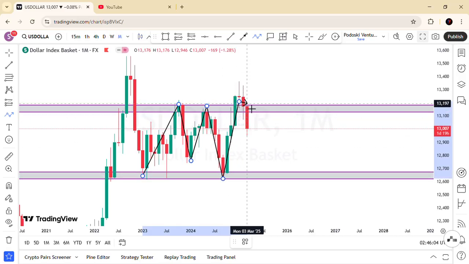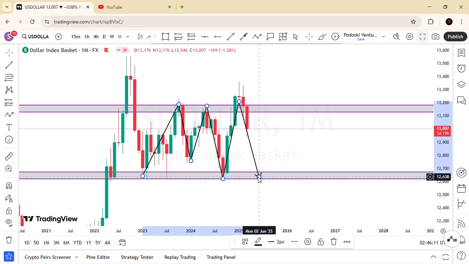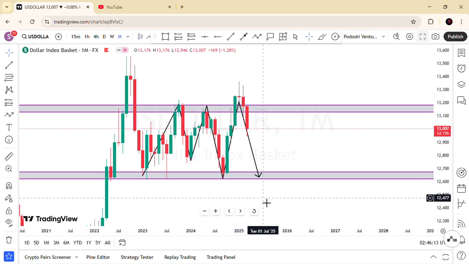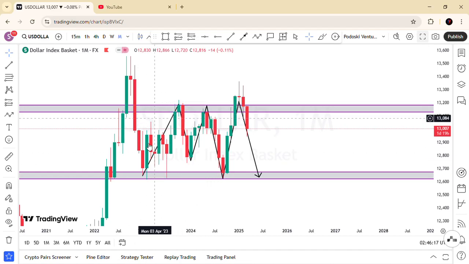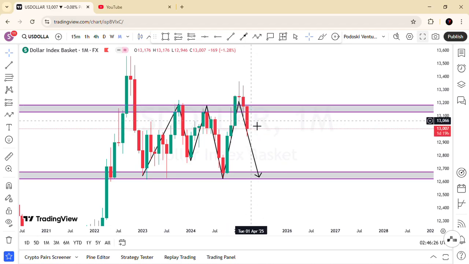So what do you expect? We are expecting price to drop all the way to the monthly demand zone or the monthly midway zone again, like it has been doing for the past couple of months or years. We are expecting the US dollar index to drop from where it currently is to the monthly low.